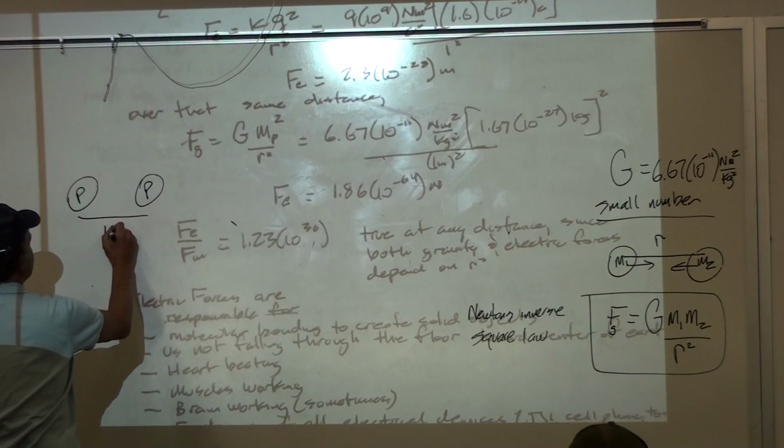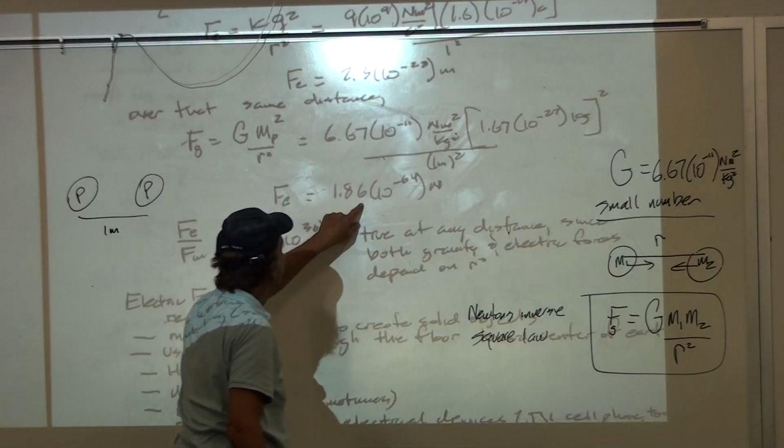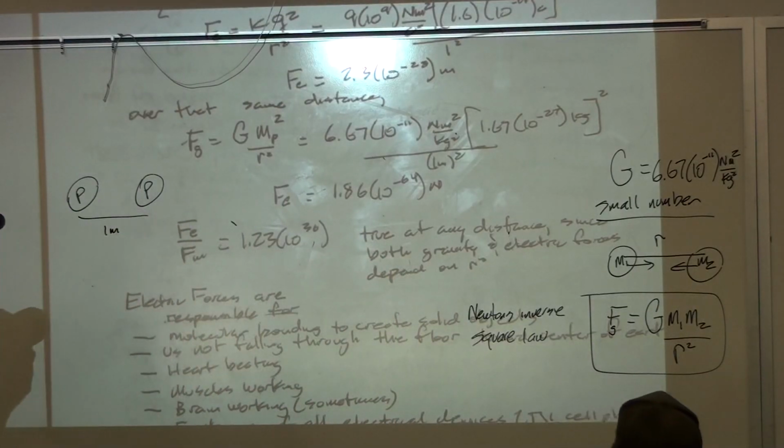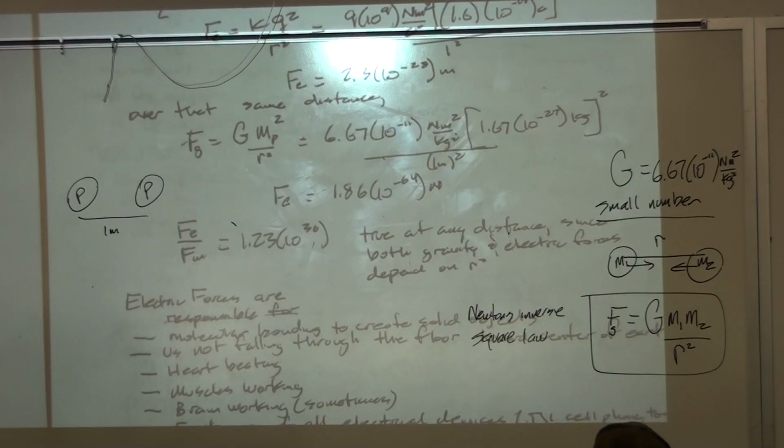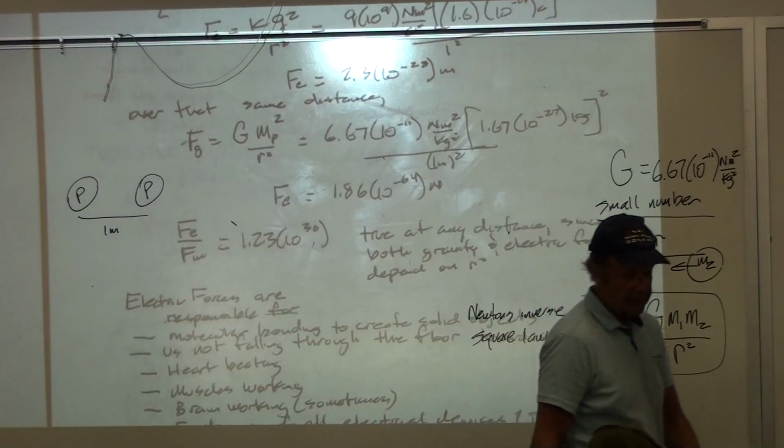Let's make that distance 1 meter. That's what I did in this example. And I get the gravitational force in this case to be 1.86 times 10 to the minus 64 newtons.